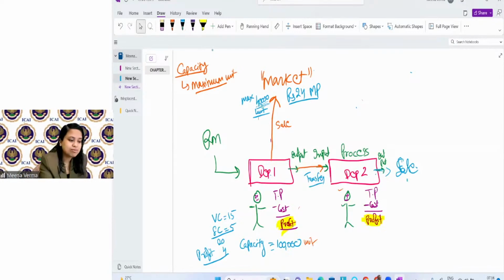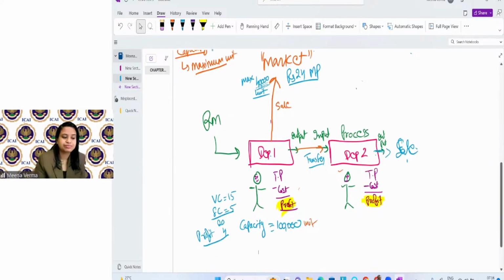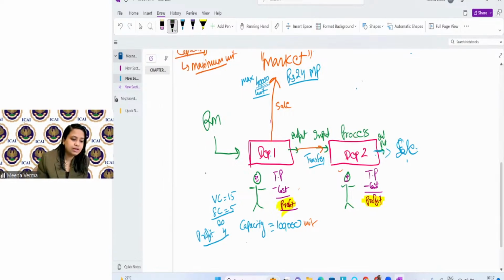Now, in this example, you can see what I have given, that this department 1 has spare capacity. You can see, khali baitha hai. Spare ka matlab, khali baitha. They have nothing to do. You can see this department has spare capacity. How much spare capacity?